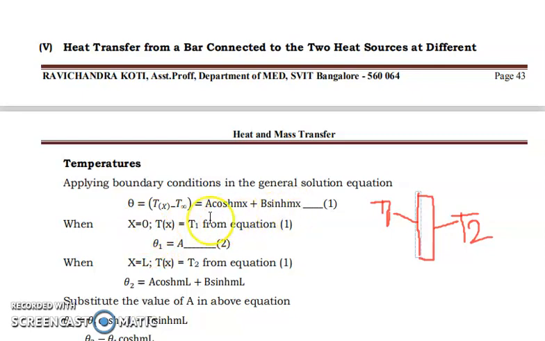So next, what happens here? Again we know that this equation is taken as equation number 1. So at x equal to 0, T of x is maintained at T1, so theta 1 is equal to A, this is 2. And if x equal to L, T is maintained at T2. So you can substitute x equal to L here, and T of x is T2, then it becomes theta 2 is equal to A cos hyperbolic ml plus B sin hyperbolic ml.